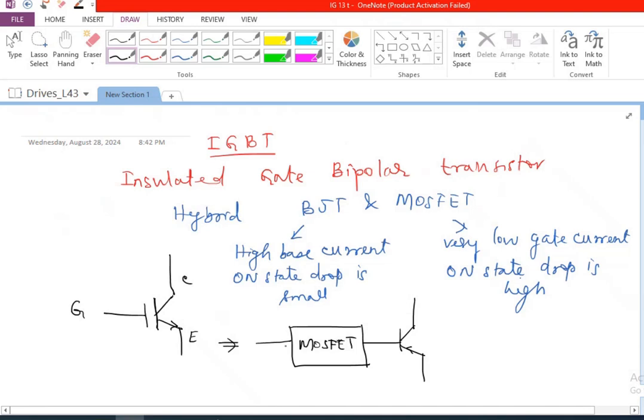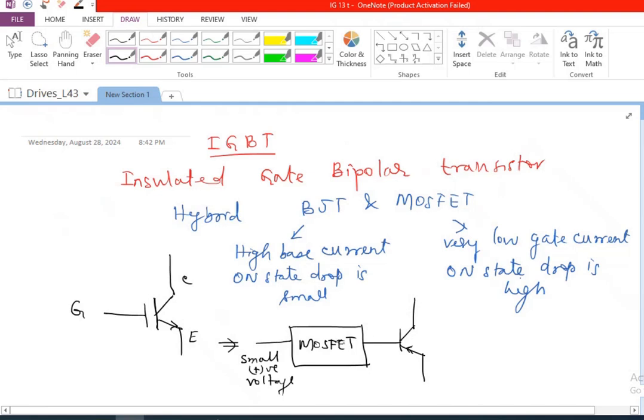So because there is a MOSFET amplifier sitting in the gate side, a small positive voltage will turn on this IGBT. There is no problem at all. It will automatically turn on the IGBT.